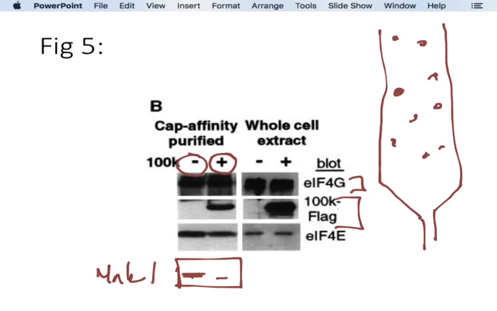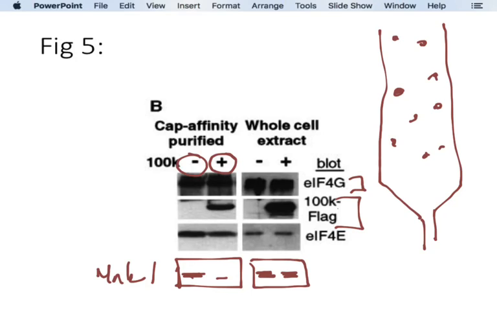Exactly. Over here on the right, this is what we would call a whole cell extract. This is just looking at the total amount of protein. When we said cell lysate, that's a whole cell extract or a whole cell lysate. And the flag here is the 100K flag.